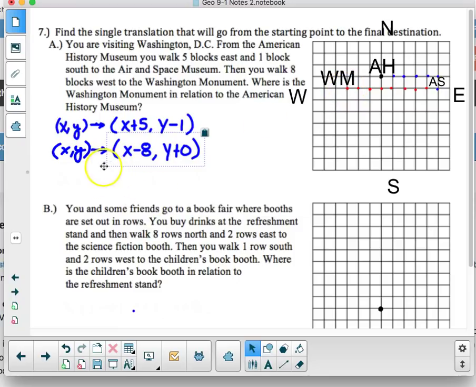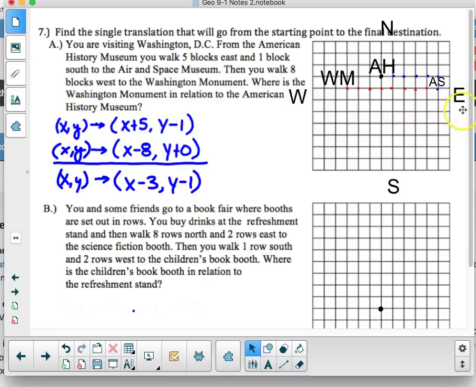Now, keep in mind, I just add these up. So what's 5 plus -8? That's going to give me a -3, and -1 plus 0 is -1. So let's check this out from the American History Museum. I go 1, 2, 3, and down 1. And that's what my final result is.